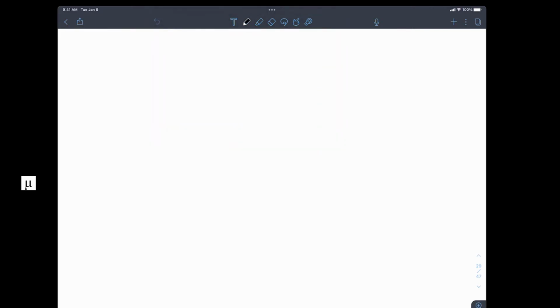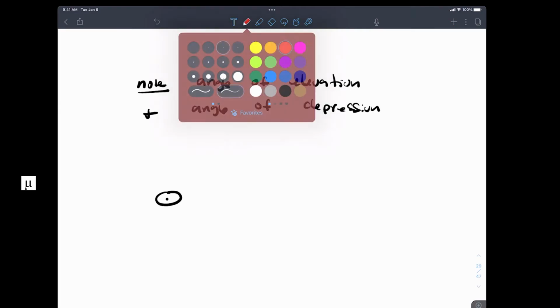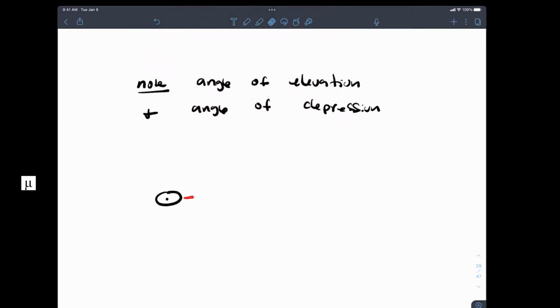But I want you guys to note and recall the idea of angle of what? Elevation. And angle of, what's the other one? Depression, okay? What I'm going to do here is this. I'm going to put an eyeball. Now, in order to have that definition make any sense, you have to have a horizontal. So here's your eye. In red, again, I'm going to remind you guys, this is a horizontal.